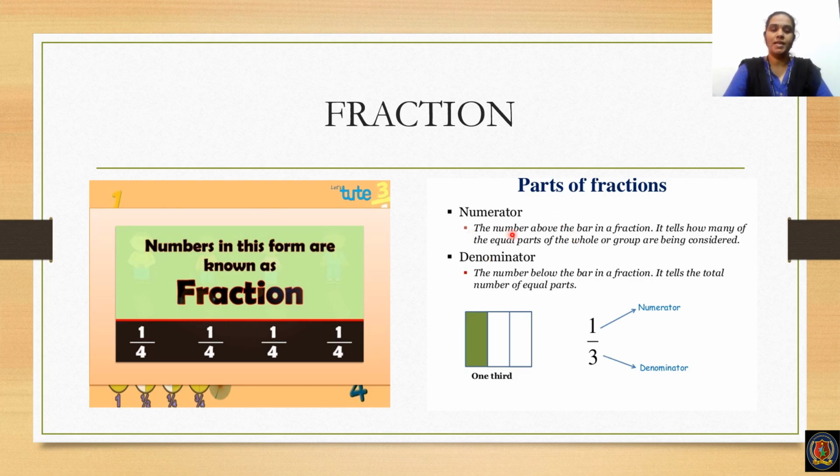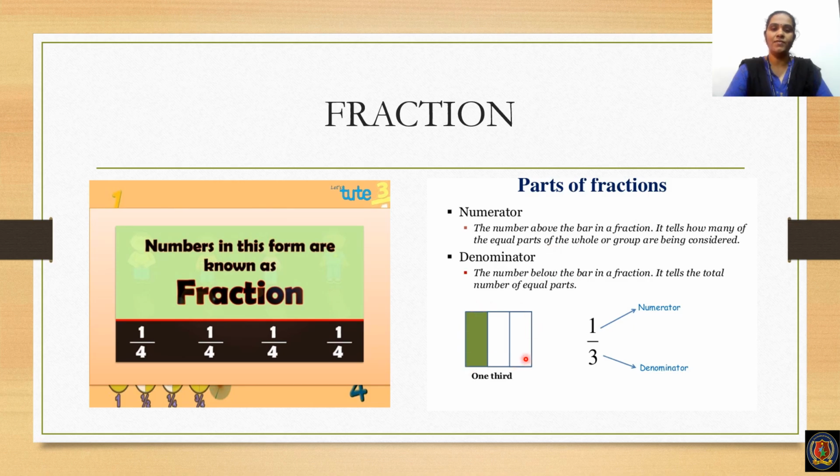Let us look at some terms. The numerator is above the bar in the fraction and it tells us how many equal parts of the whole or group are being considered. And the denominator, the number below the bar in the fraction, tells us the total number of equal parts.